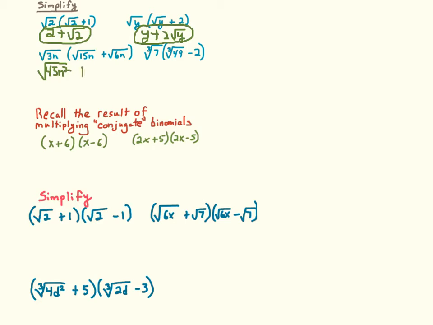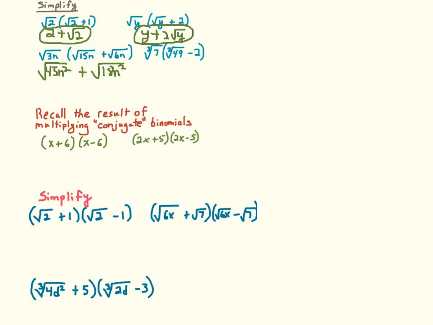And then the square root of 3n times the square root of 6n is the square root of 18n squared. Now I have to break these radicals down.